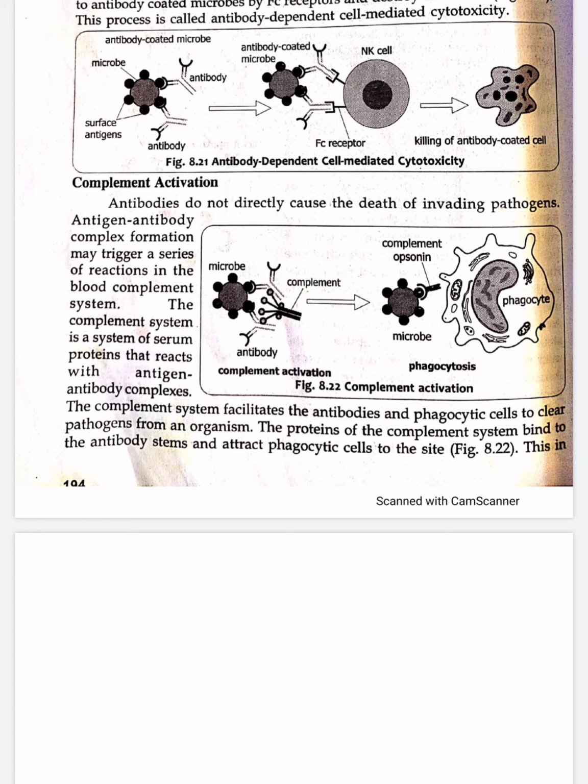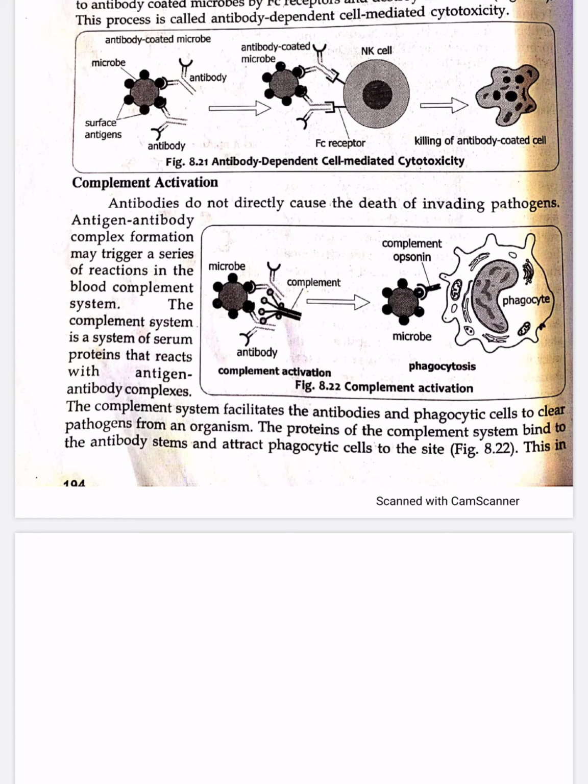And how are they activated? In a cascade manner. Once one complement molecule is active, it makes another inactive one active, and that will make another inactive complement active. Likewise, there is a cascade of reactions leading to an end reaction, that is the destruction of the antibody or a damaged cell.